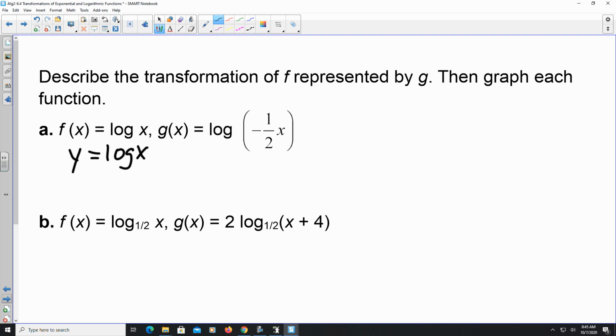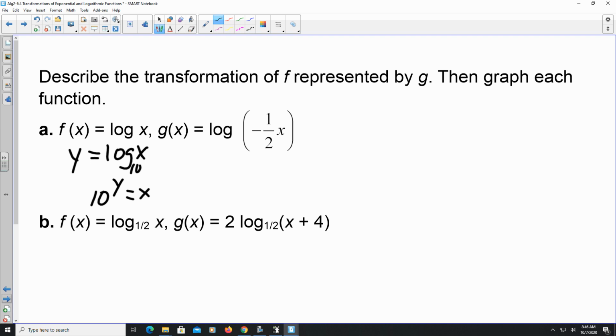And then this one here is log of -1/2 x. So if I were to graph this one, normally I would just put it into exponential form. Since there's nothing there, it's a base of 10, if you recall. So this is 10 to the y power equals x.